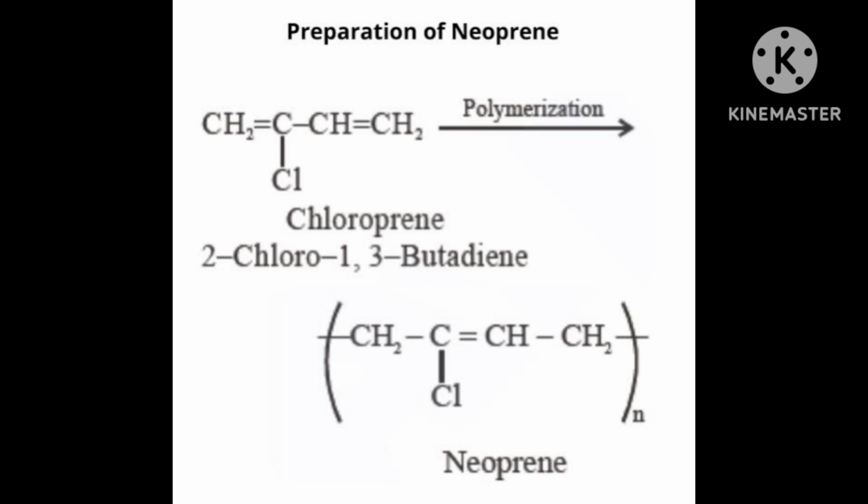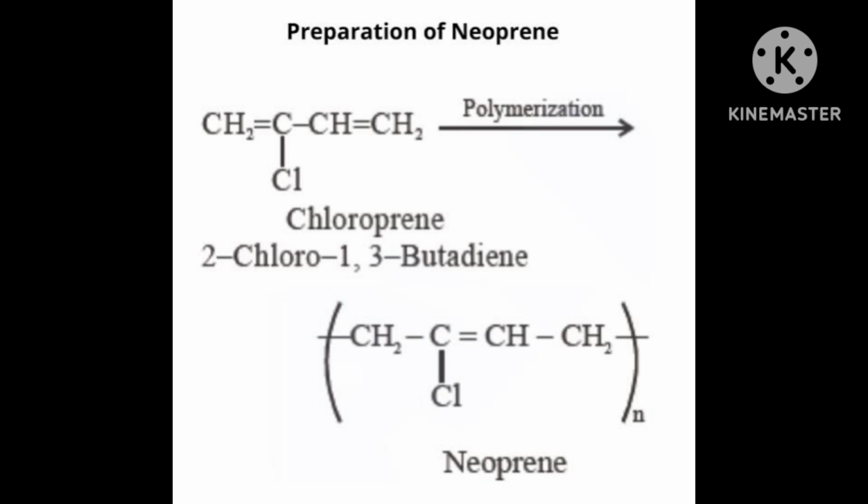This temperature you have to maintain. 373 to 415 Kelvin means 100 degrees to 215 degrees Celsius, and in Kelvin, 373 to 415 Kelvin.